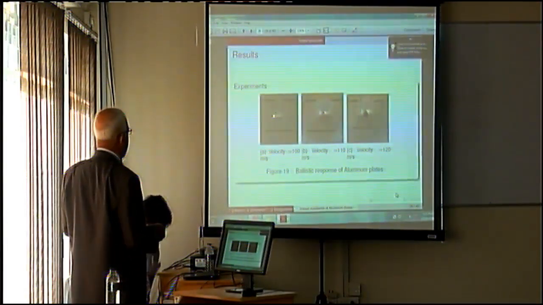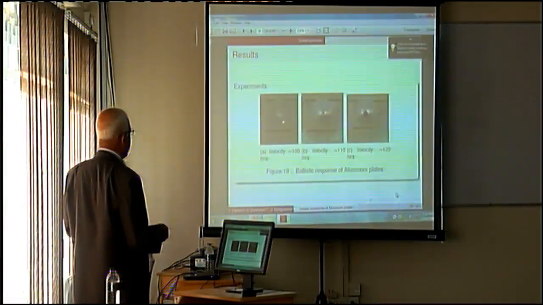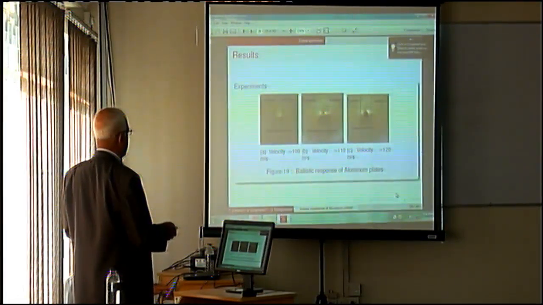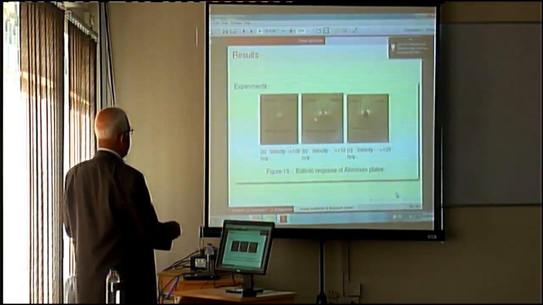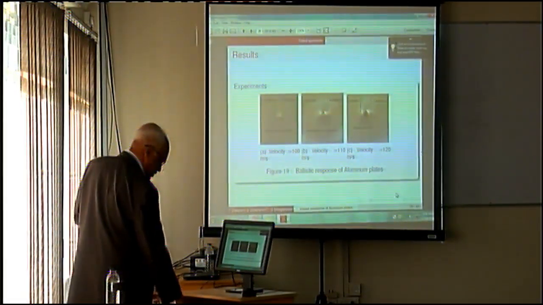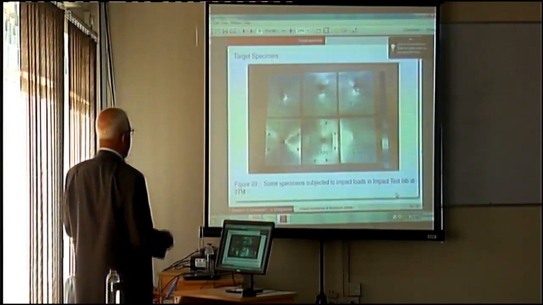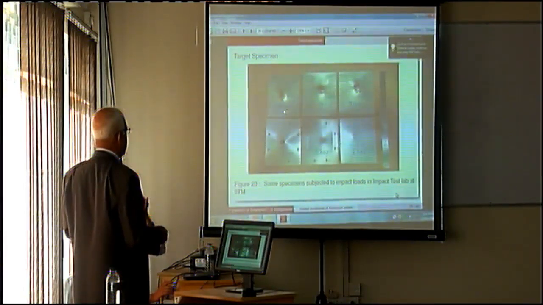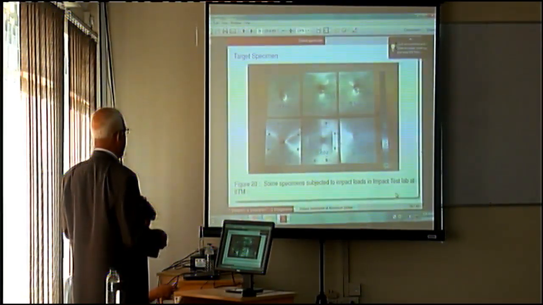After the ballistic hit, we have shown that for 100 meters per second this much is the damage or response, and for 120 meters per second this much. So we can find the safe limits from this study. Also the gun can be fired at various pressures: 3 bar, 11 bar, 9 bar, 13 bar, 5 bar and 7 bar.